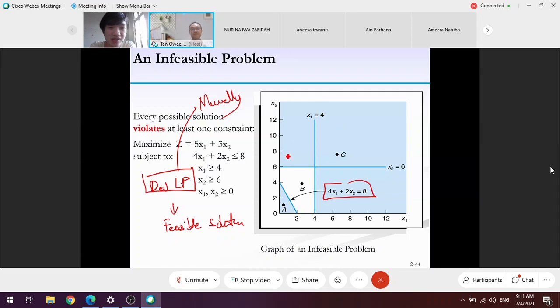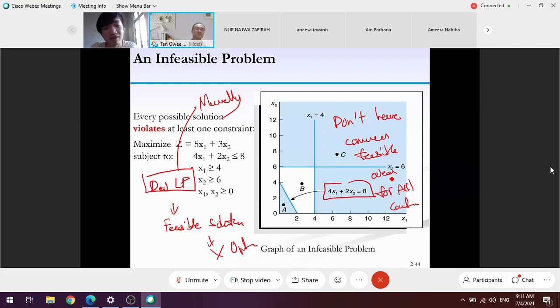If this is the case, you don't have a common feasible area for all constraints. If you don't have a common feasible area for all constraints, then there is no optimum solution.